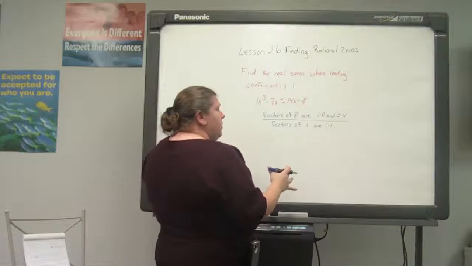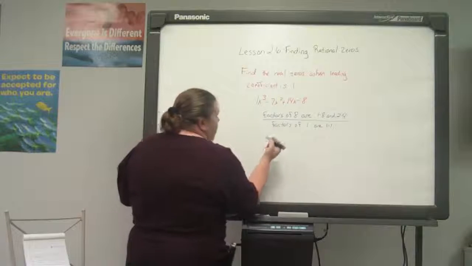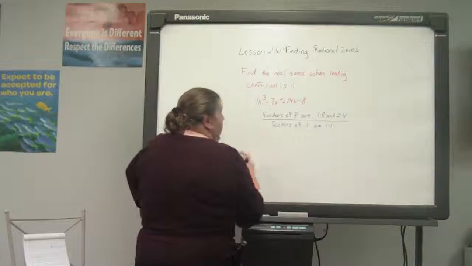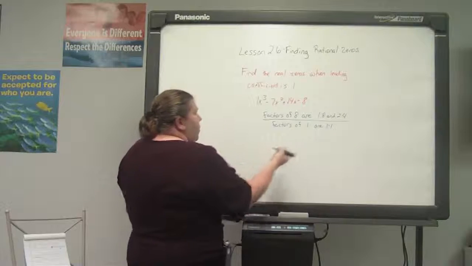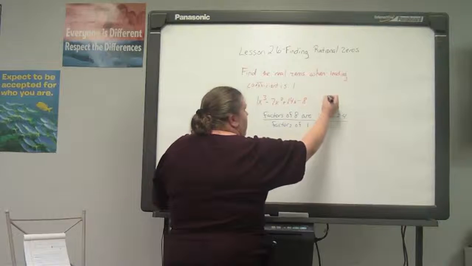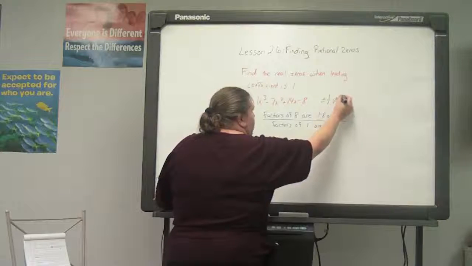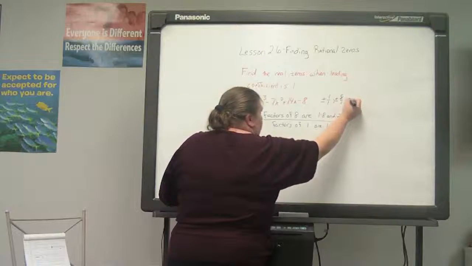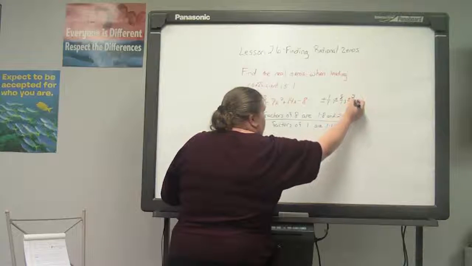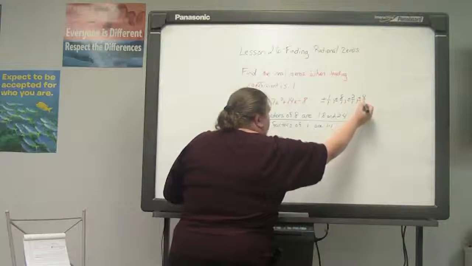From here, we have to remember that it's a positive and a negative. So right here, we have a positive or negative 1 over 1, a positive or negative 8 over 1, a positive or negative 2 over 1, and a positive or negative 4 over 1.